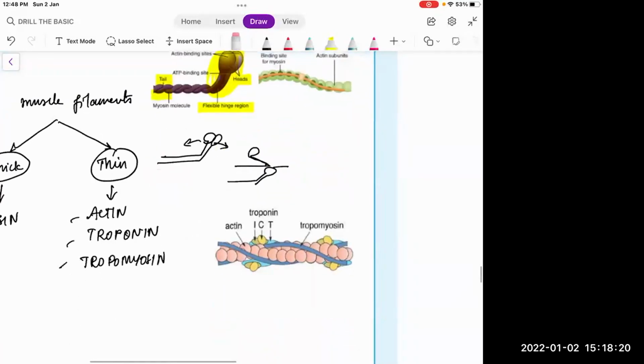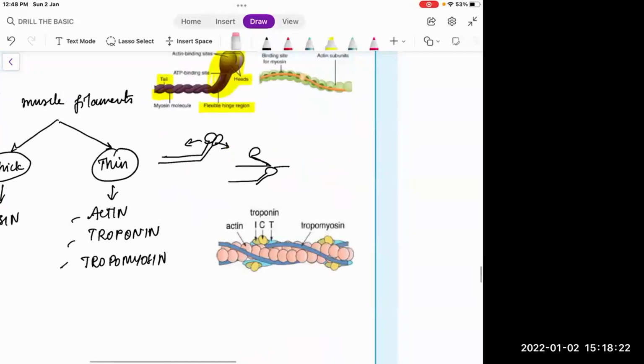And this is the structure of thin filaments. Thin filaments are made up of actin, troponin, and tropomyosin. The globular structures, bead-like structures, a row of beads, an arrangement of beads, the globular portion, you call it actin. Only the globular proteins cannot form a stable structure.